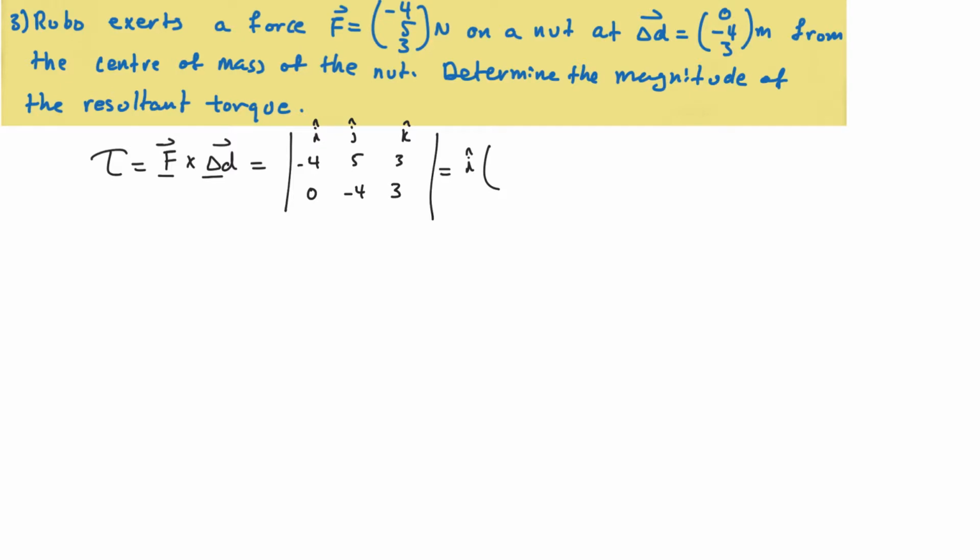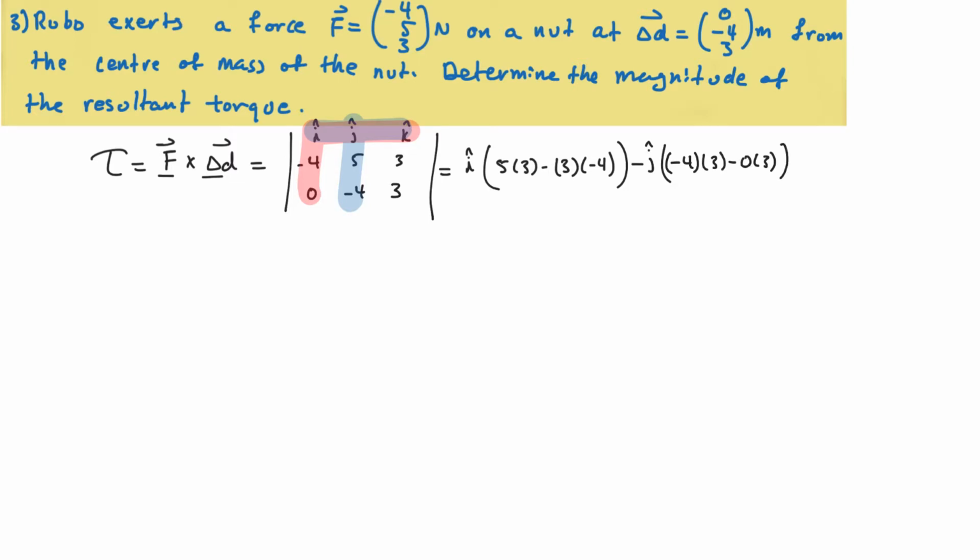For i, I will cross out the top row and the i column, and I will use 5 times 3 minus 3 times -4. And for my j component, which is negative, I am going to block off the top row and the j column, and I am going to multiply -4 by 3 and subtract 0 times 3.